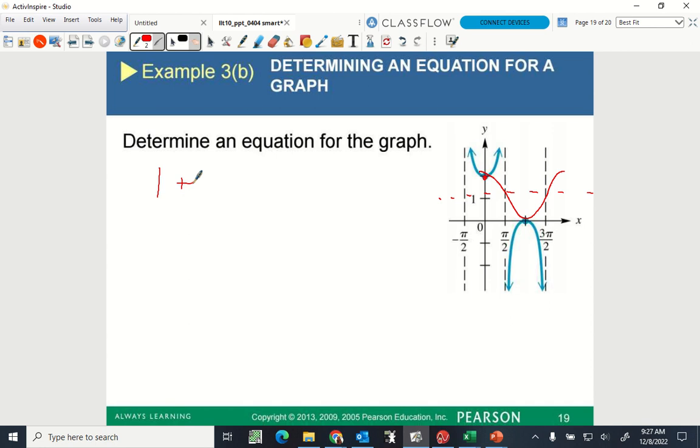plus, now, if you start at 0, right? That's going to be a cosine. So right here, if it was starting at 1 right here, this would be a sine, right? So this would be a cosine. And it's going from here over to here, which is pi, 2 pi.